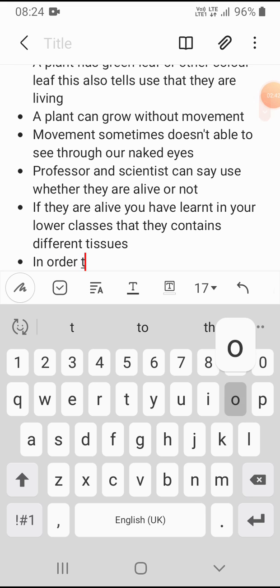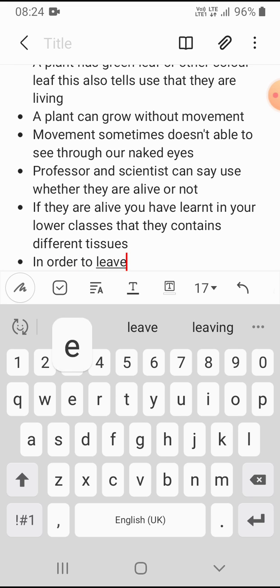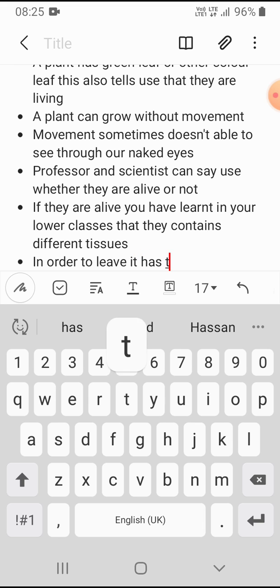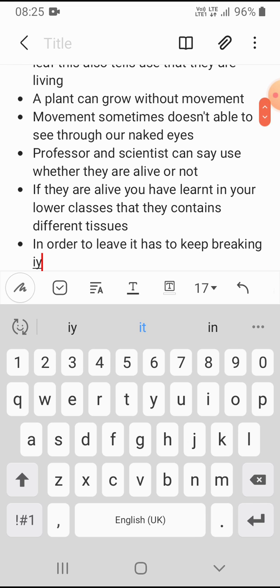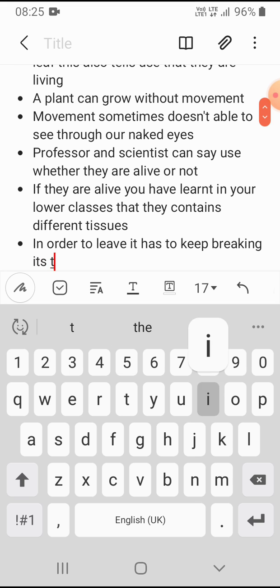In order to live, it has to keep breaking down its tissue.